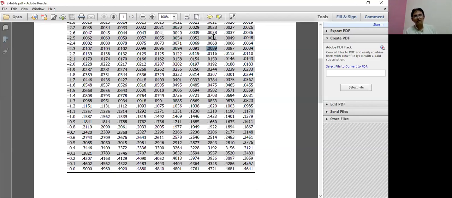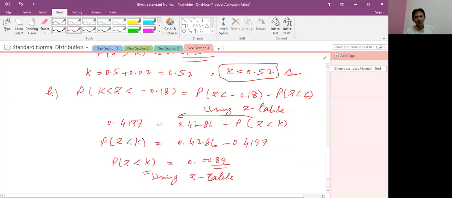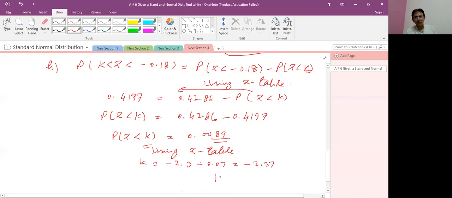So the answer it is minus 2.37. So K is equal to minus 2.3 minus 0.07, it means minus 2.37. So the value of k, student, we have determined, minus 2.37.